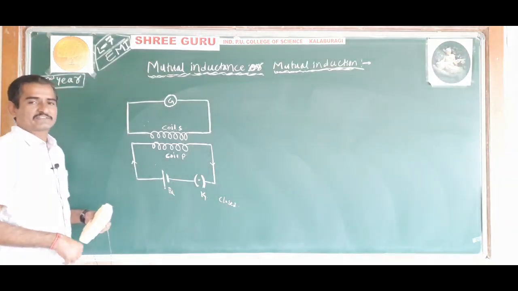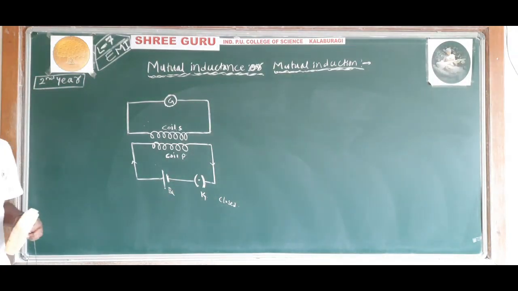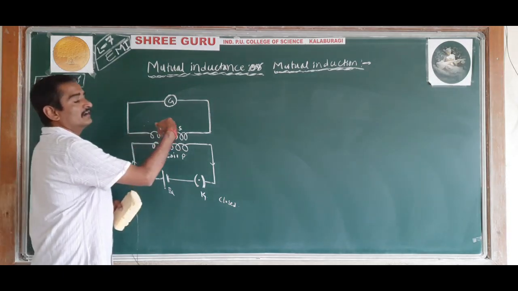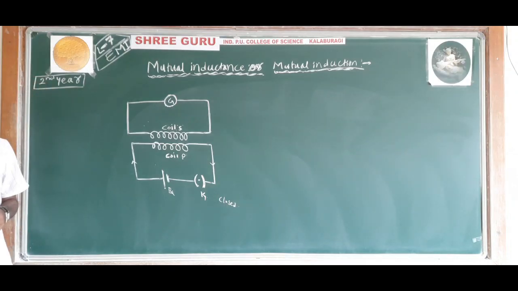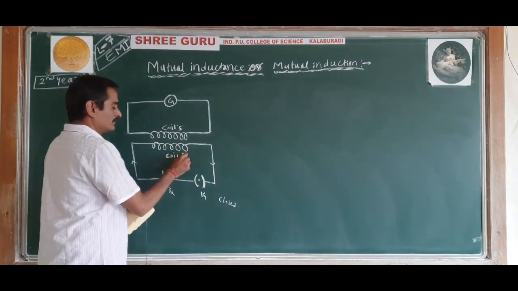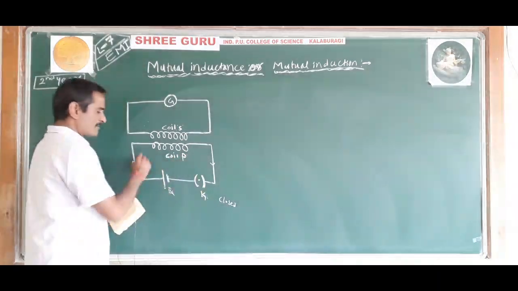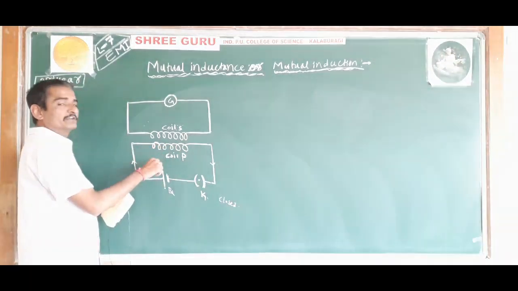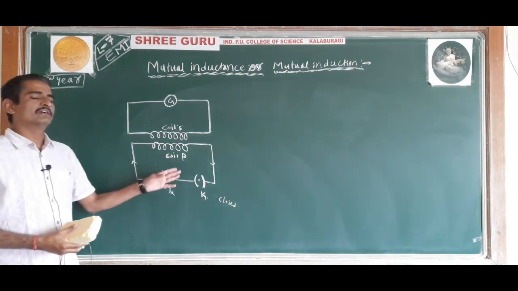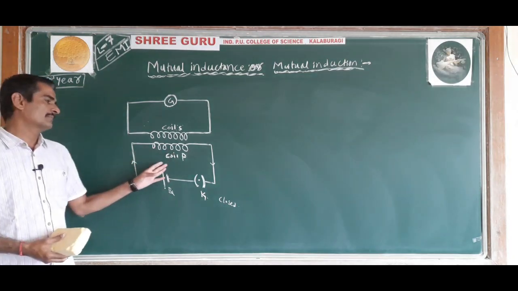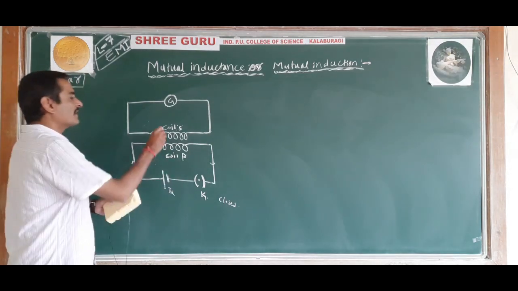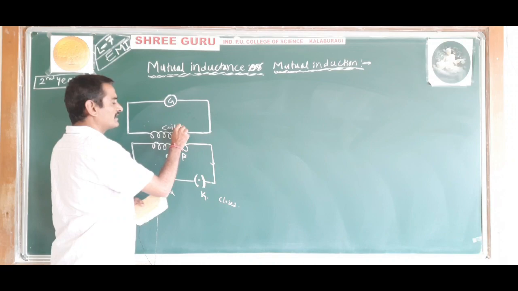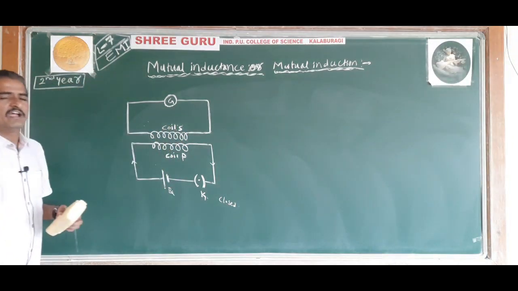As a result, the magnetic flux linked with the coil S will also increase. Due to the increase of current in the primary coil, the magnetic flux linked with the coil P changes, and as a result the magnetic flux linked with the coil S also changes.